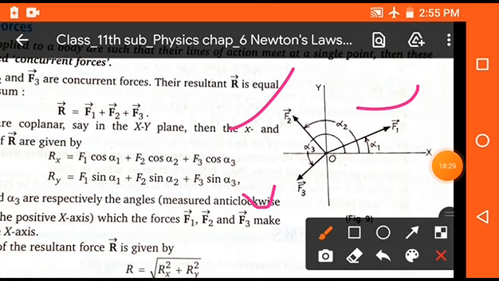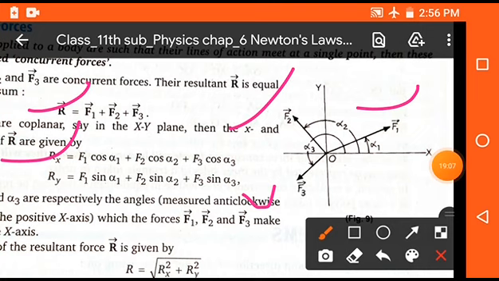Their directions are different, so the angles they make with the horizontal axis, that is the x-axis, are alpha 1, alpha 2 and alpha 3. Capital R is the resultant of all the forces F1 plus F2 plus F3, and we will resolve the resultant force R into two components along the x-axis and y-axis. Rx is the component of R along the x-axis, and it will be F1 cos alpha 1 plus F2 cos alpha 2 plus F3 cos alpha 3.